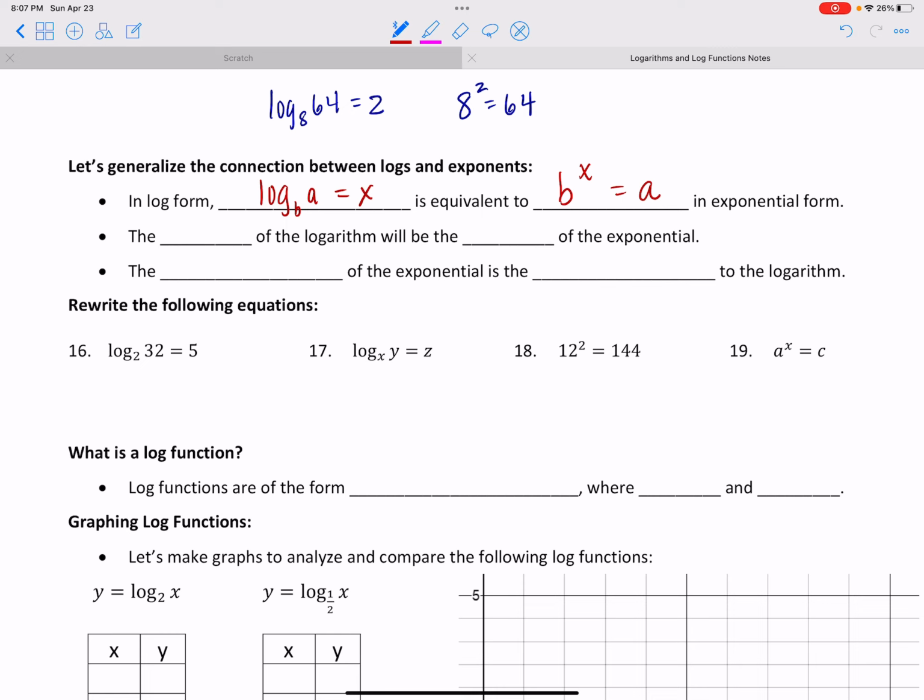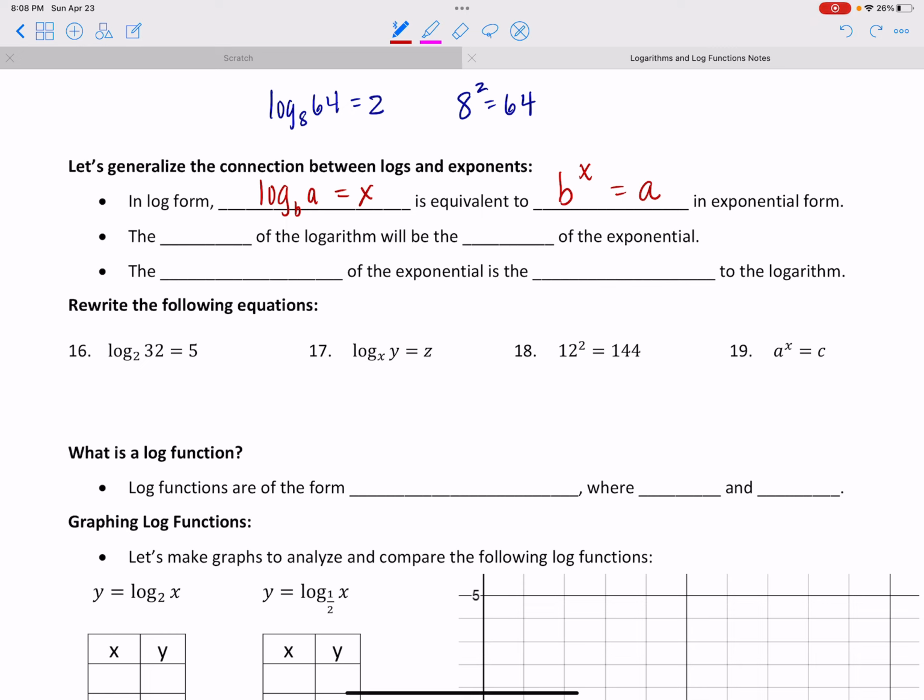If I have an equation in exponential form, I can rewrite it in an equivalent log form. And the reason we want to be able to do this, well, there are lots of reasons, but one, it helps us in graphing log functions, but it also helps us evaluate. So for solving exponential equations, a log helps us find that exponent that we're looking for. Now, we're not going to do a lot of that here. The purpose of what we're doing is really just to look at the log functions, but that's the reason why some of these things happen, okay?